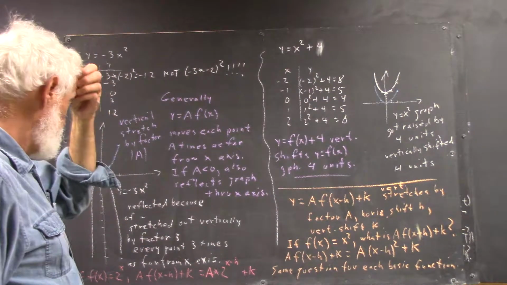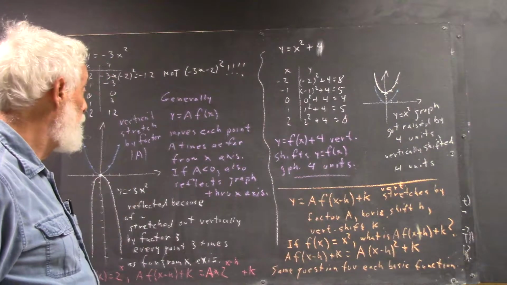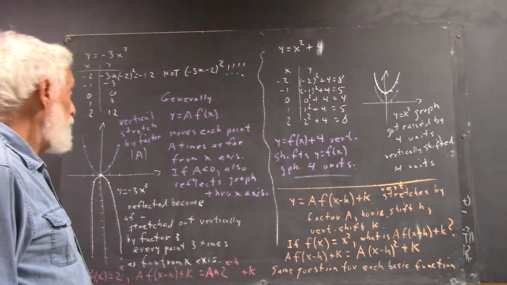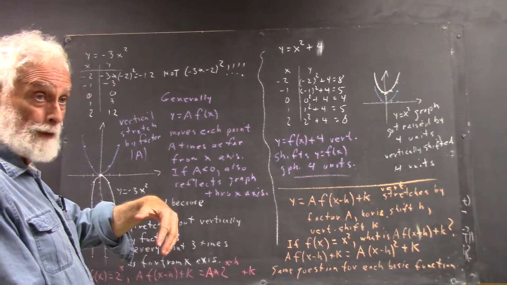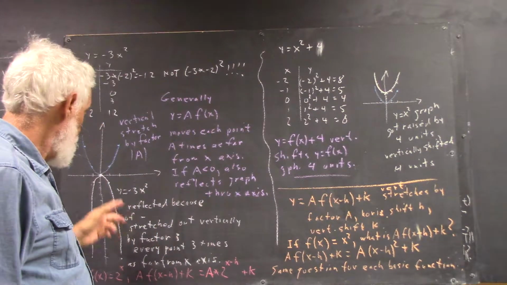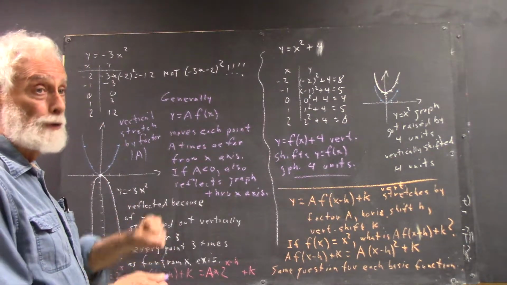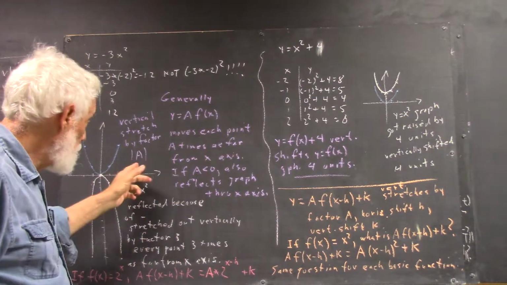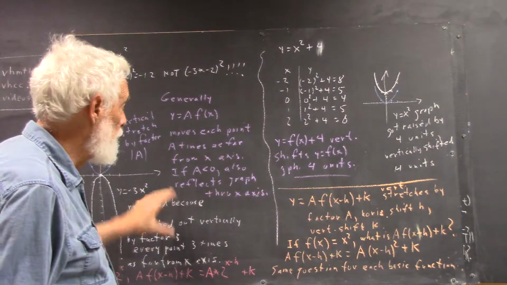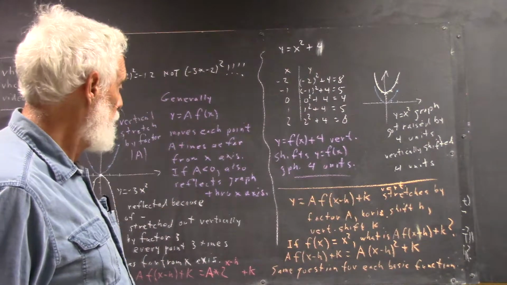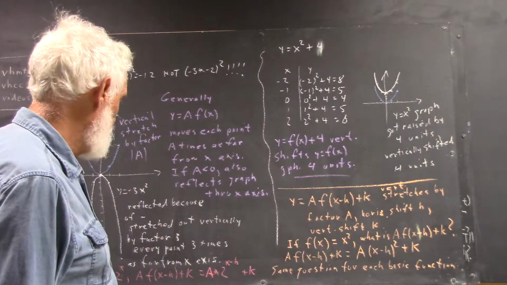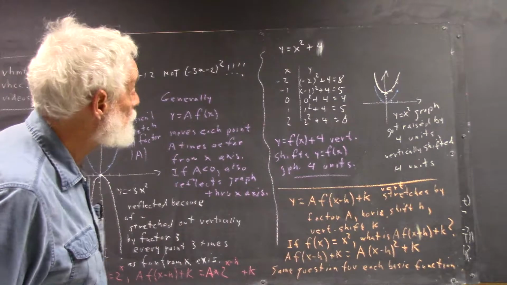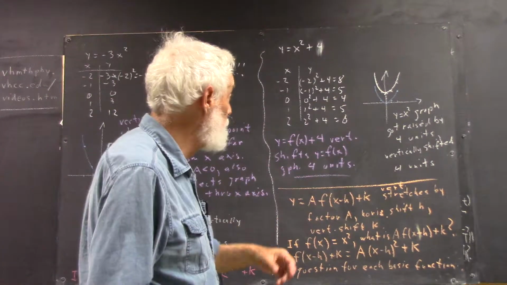Okay? So if a is negative, it does invert the graph. So a is negative 3, but it still moves the points 3 times as far. It doesn't move them negative 3 times as far. That's why I use the absolute value here. You can think about that, but I think you have the idea. So we're not going to worry too much about it. Okay?